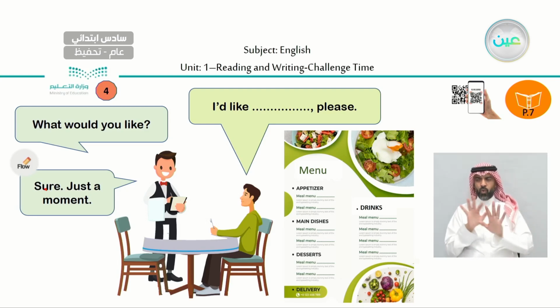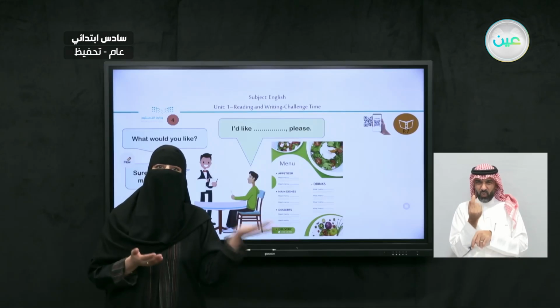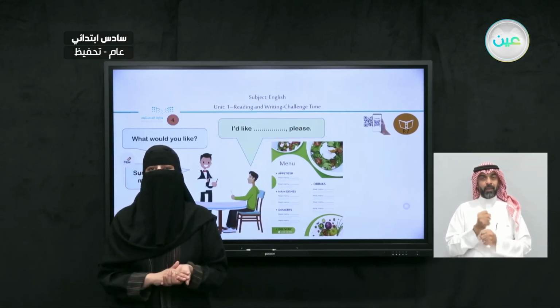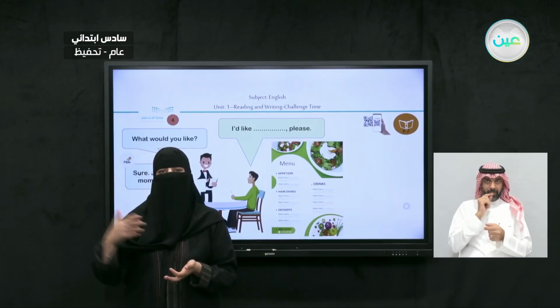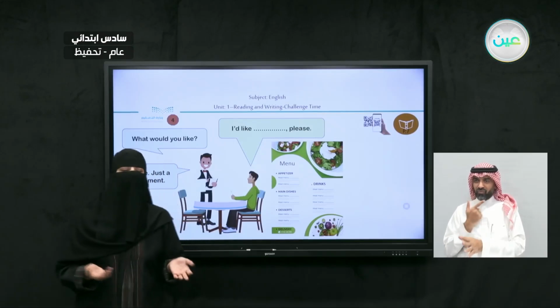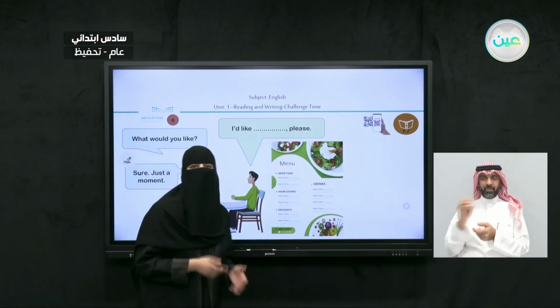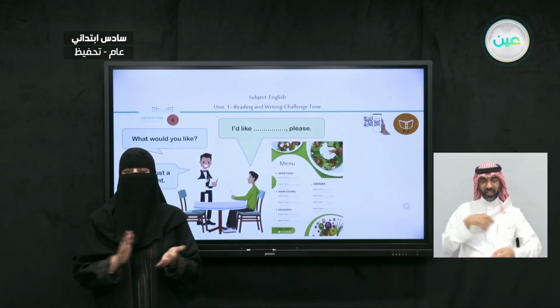I'd like salad, pasta, and green tea, please. Sure, just a moment. Okay, now I want you to do it and play with your friend. Okay, be the waiter or waitress and the customer. Okay, think of the food you want and also try to find a menu and read it. Okay, as real.